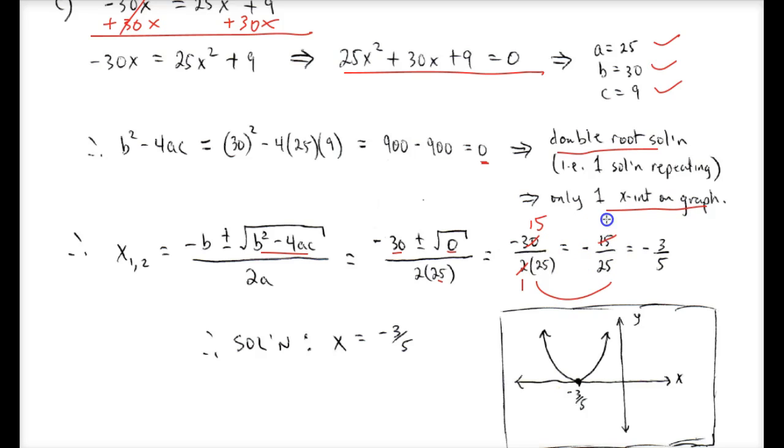So 5 goes into 15 3 times, 5 goes into 25 5 times. And we see that our answer is a negative 3/5. So graphically, that just means that the graph of our quadratic function right here only bounces off of the x-axis at x equals negative 3/5.